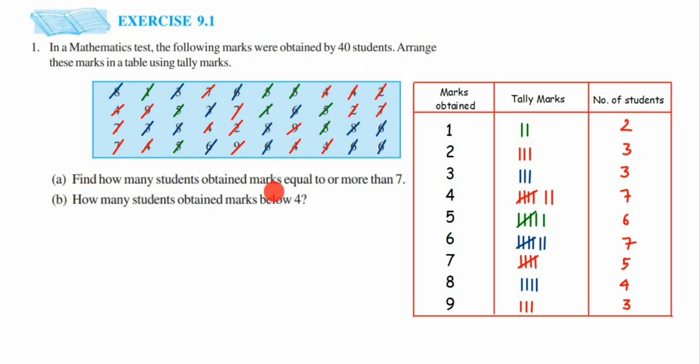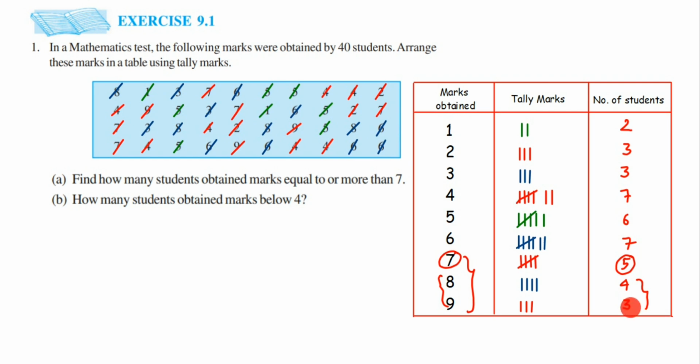The first one is: find how many students obtained marks equal to or more than 7. So here we have to consider 7 and greater than 7. If you look at the table, we have to look at the marks column. We have to include 7 marks and marks greater than 7, which are 8 and 9. So 5 students obtained 7 marks, 4 students obtained 8 marks and 3 students obtained 9 marks.